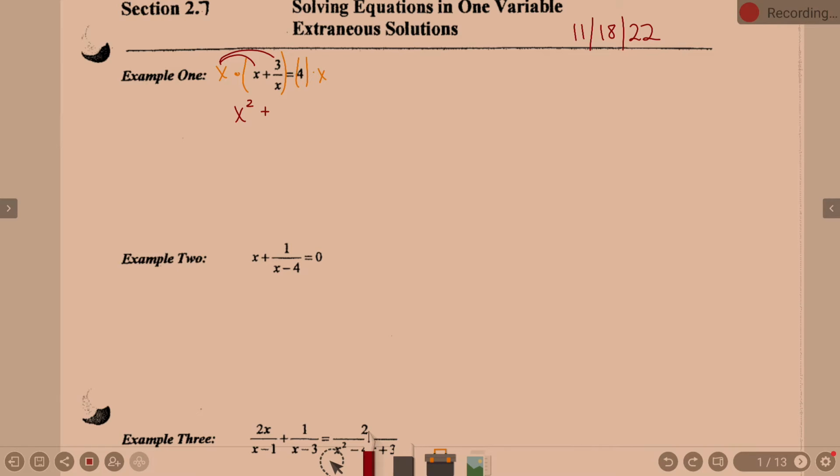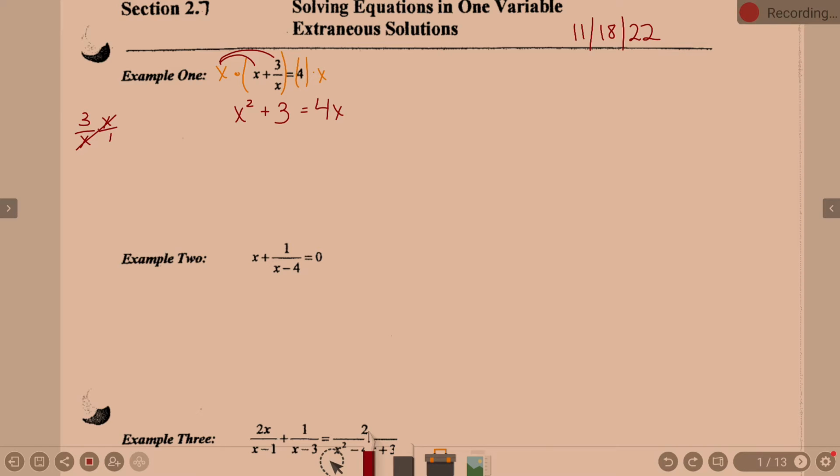Just 3, because 3 over x times x, the x's will cancel, right? So it'll just be 3 equals 4 times x is 4x. Nothing to cancel there.